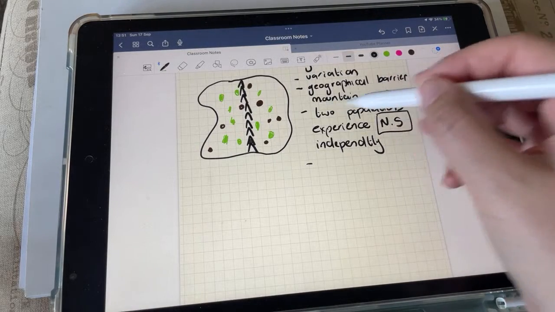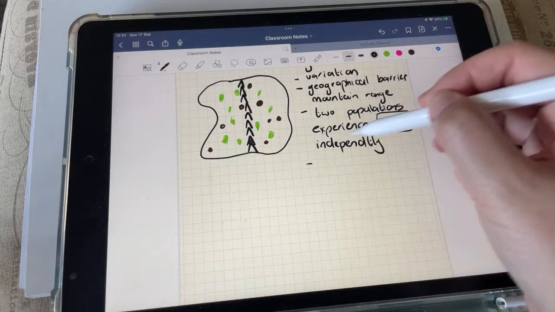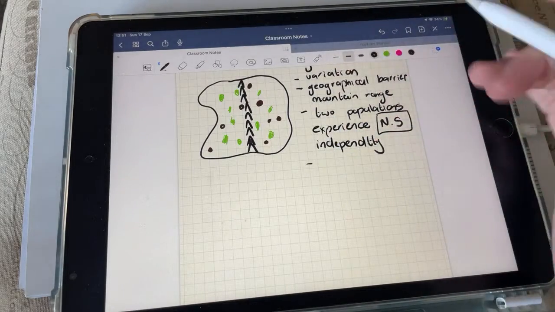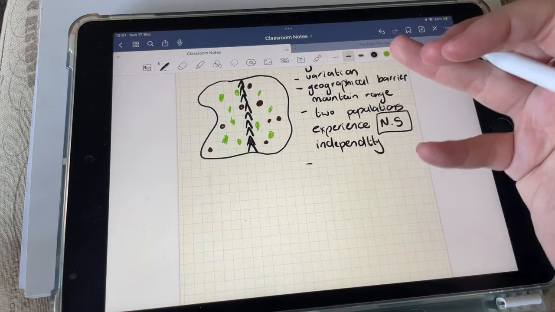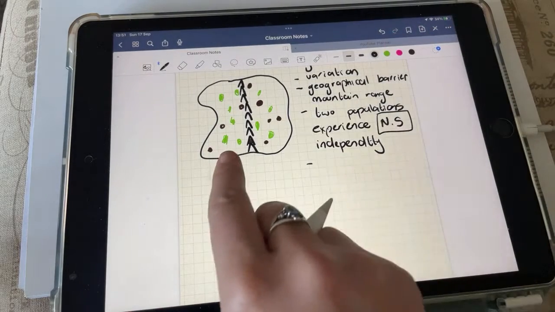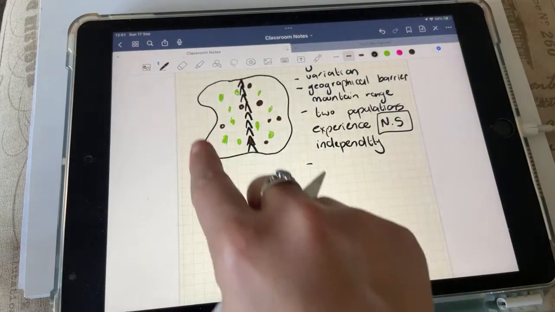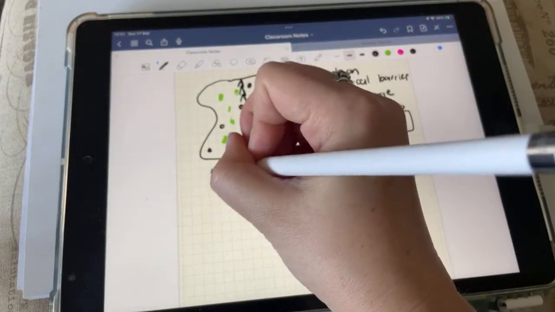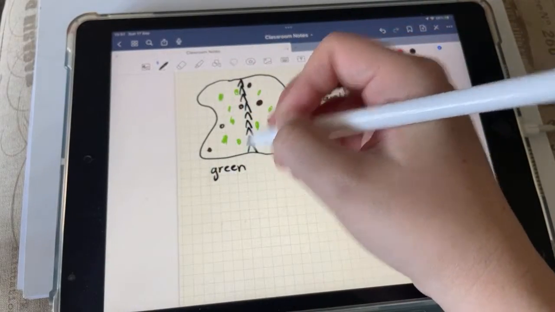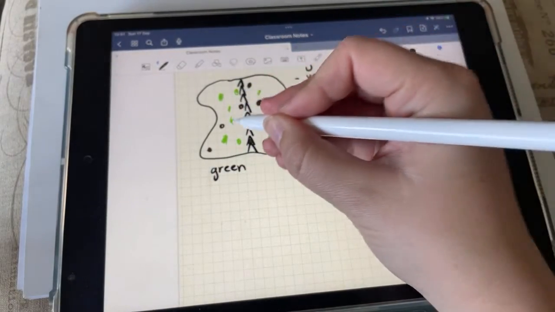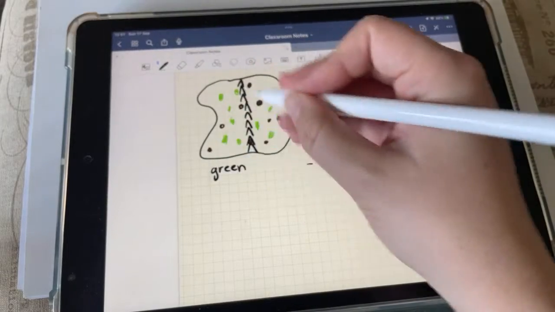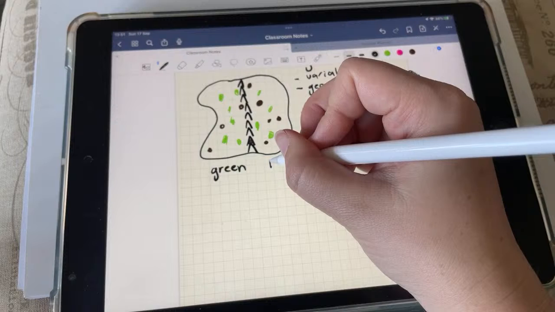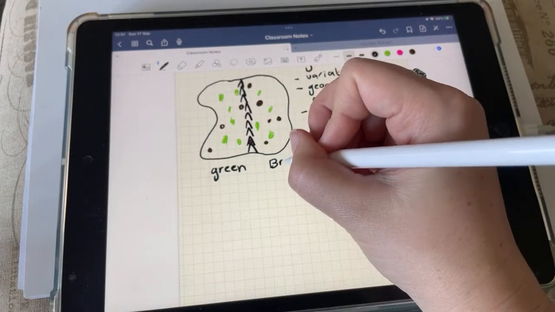So two populations experience natural selection independently. What does that mean? Well, let's look at our drawing over here. Let's say this side of the mountain range is greener, which means it's an advantage to be a green lizard. It's lusher, there's more vegetation, there's more food, you can camouflage nicely. On this side, it's drier and more sandy and brown.